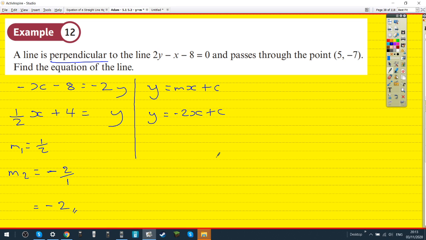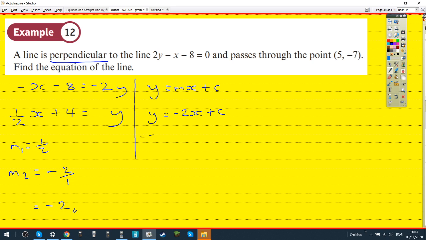So how can we find C? Wait, so when x is 5, the y coordinate is minus 7. So do we put minus 7 as y at the start of the equation?